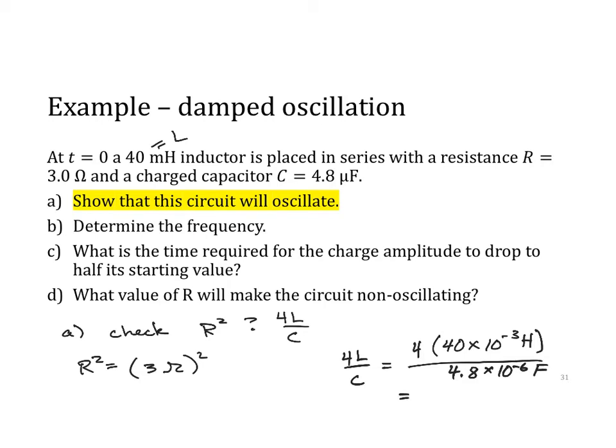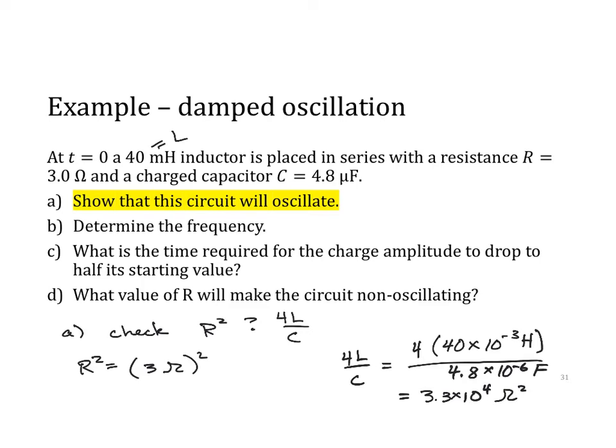If we cancel out all the units, this should give us 3.3 times 10 to the 4th ohm squared.